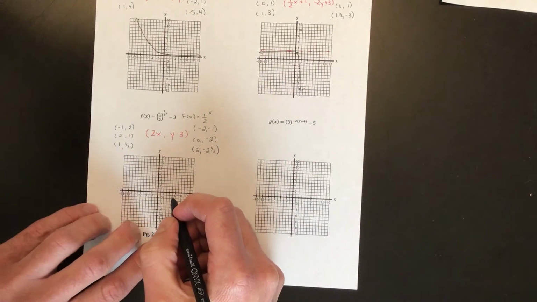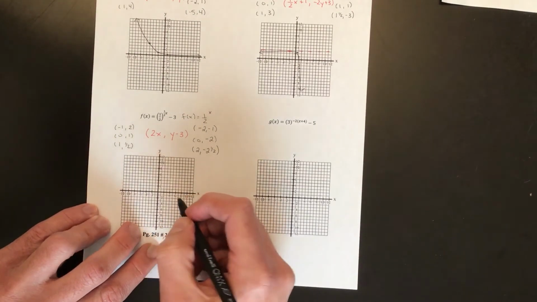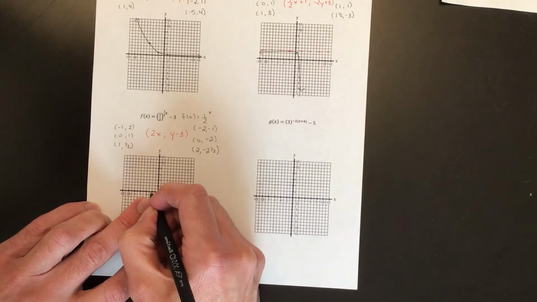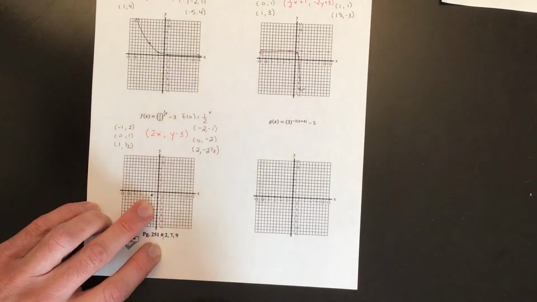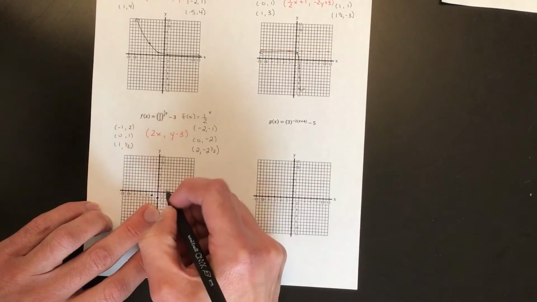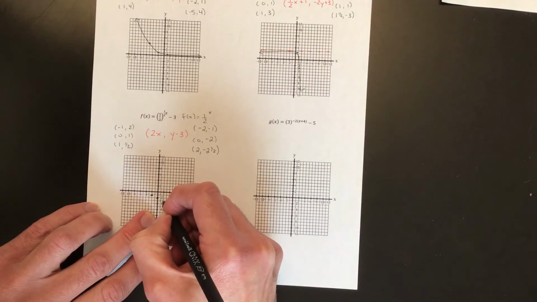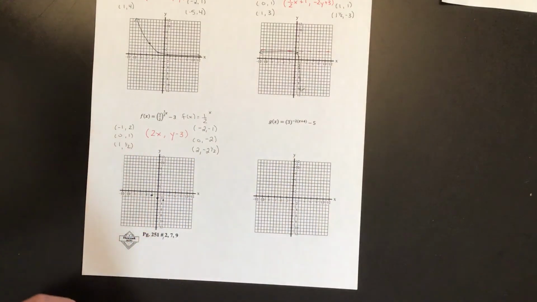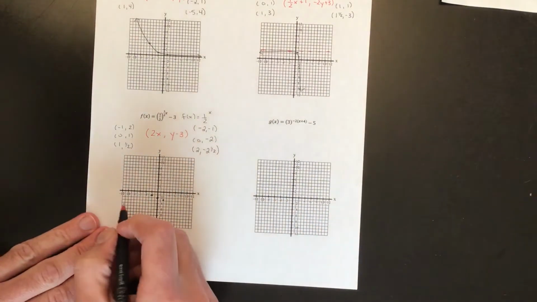Plot them. -2, -1, 0, -2, 2, -2.5. Asymptote at -3.